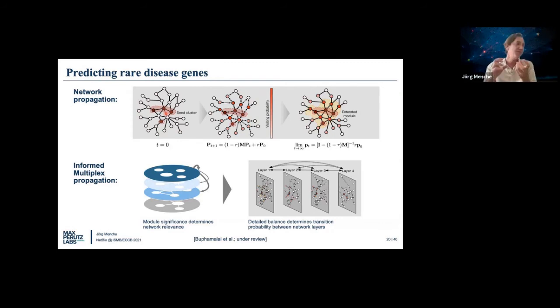Okay, so to benchmark or to test whether this approach makes any sense in the first place, I think there are two important comparisons to be made. The first one is, what if I would only use the most relevant layer, so the layer that has really the strongest modularity signal? Or on the other hand, why don't I just use all the information available? So why do I try to incorporate this modularity in the first place?